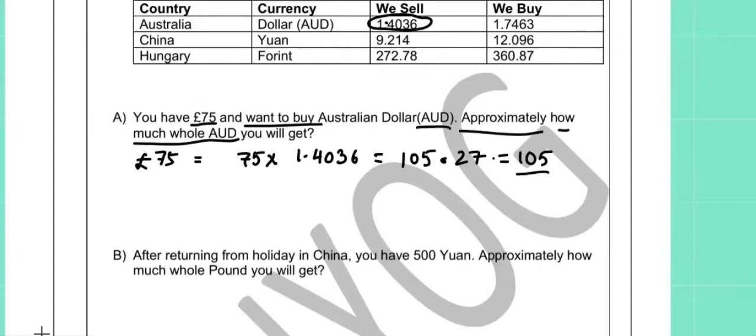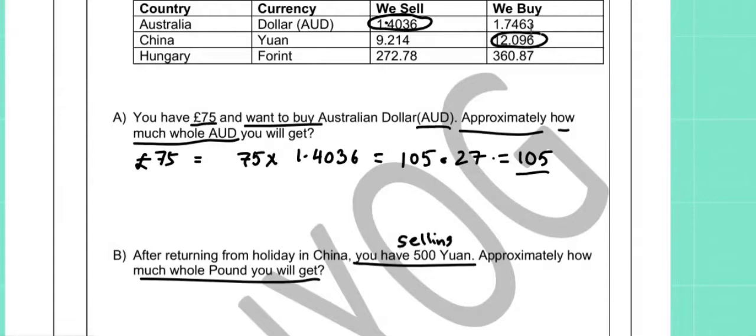In the next part, we have 500 yuan. This we want to convert to pounds. So we are selling yuan and the currency dealer is buying it from us. The rate for their buying yuan is 12.096.